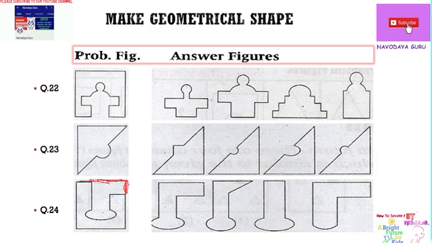This looks like a perfect answer. Let's check further. In option 2 there is a mismatch at this place, so this is rejected. In option 3, this portion is mismatching. In option 4 this portion is mismatching, so option 1 is the correct answer for question number 24.